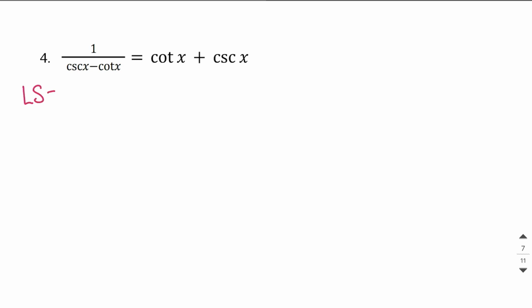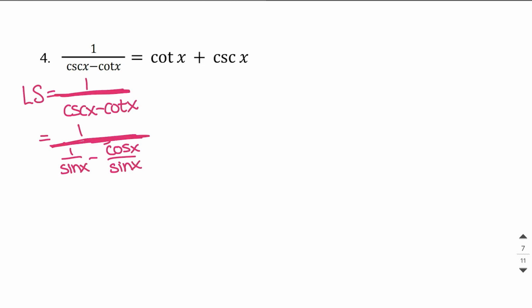So on the left side of my equation right here, I've got 1 over cosecant of x minus cotangent of x. On this left side right here, I am going to rewrite everything in terms of sine and cosine. So cosecant of x is 1 over sine of x, and cotangent of x is cosine of x over sine of x.